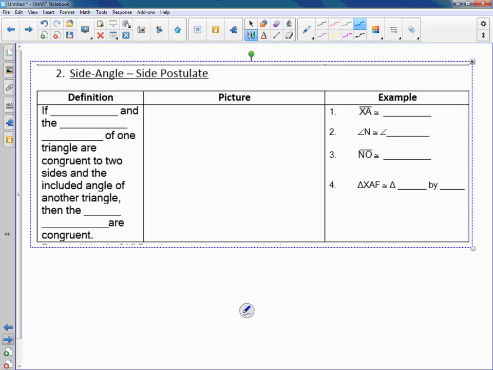The next one is side, angle, side. If you notice, we also say SAS. The angle is in between the 2 congruent sides. Okay?